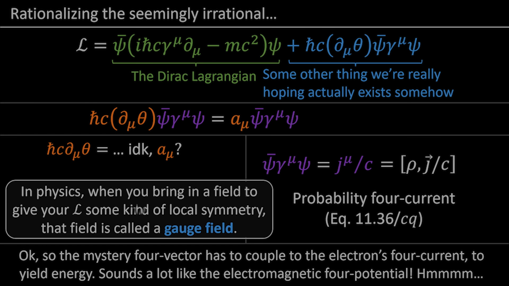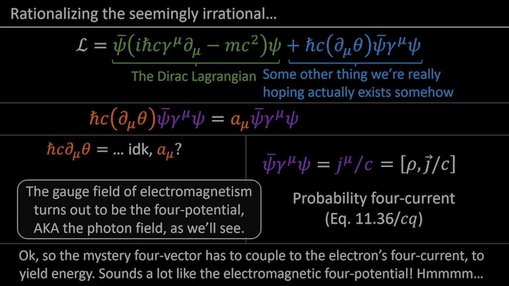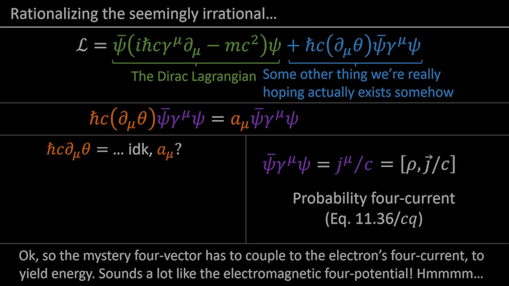Well, anyway, starting with this really blank slate perspective of just saying, look, this is a covariant four-vector, let's just call it A sub mu, the most generic thing you can imagine calling a four-vector. So that lets us write the orange and purple expression as A mu psi bar gamma mu psi.